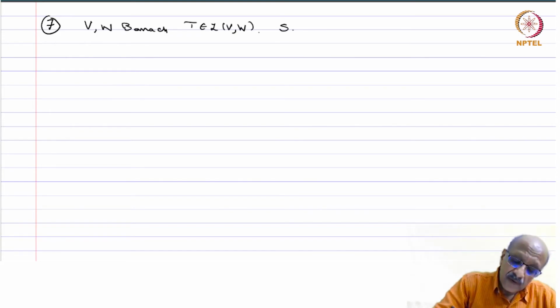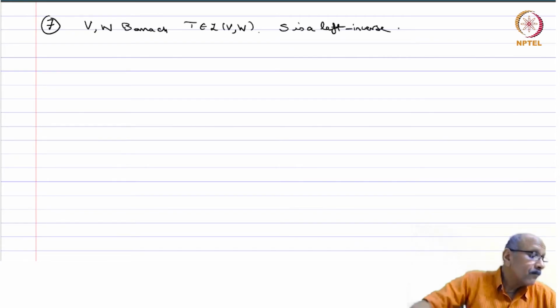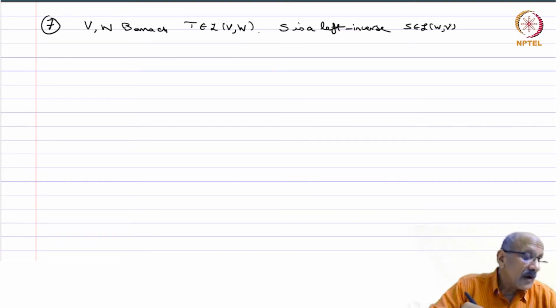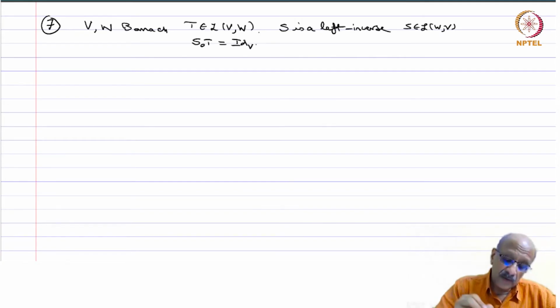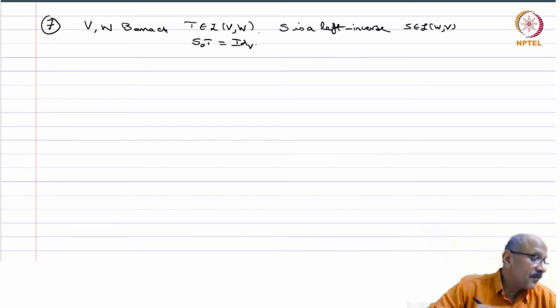So S is a left inverse means S belongs to L(W,V), and now you have S composed with T is the identity in V. Okay, previously it was T composed with S identity in W, that is the right inverse. Now the inverse lives on the left, and so this is called a left inverse.